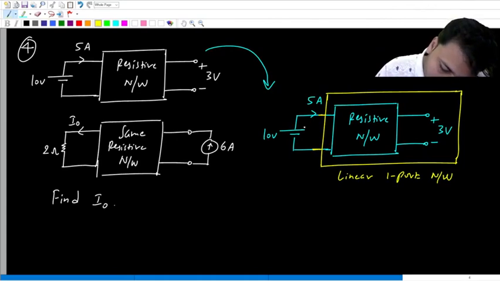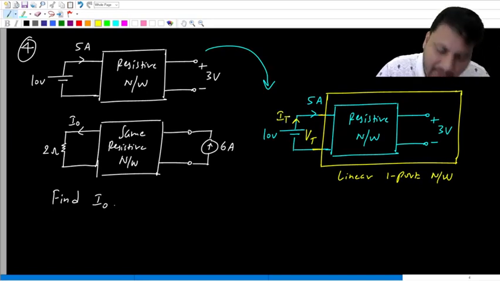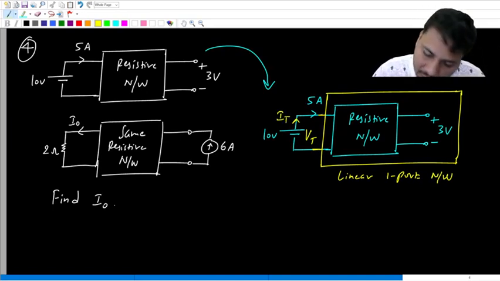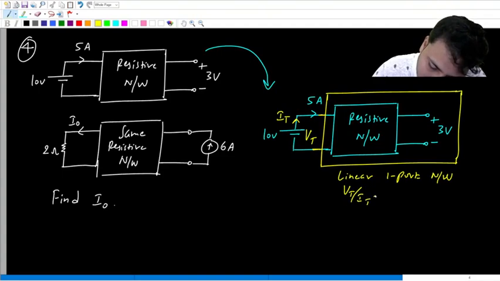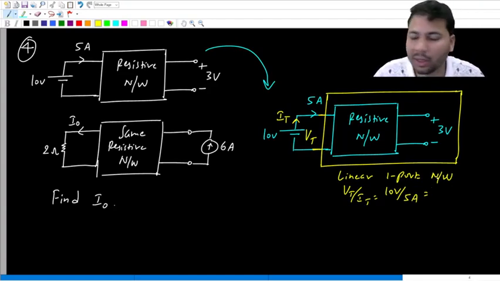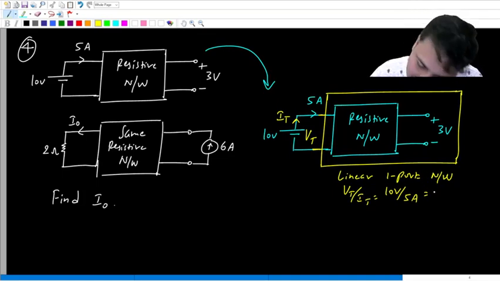Okay. So you can think of this 10 volt source as Vt, and you can think of this 5 amp current as It. So what is Vt by It? It is 10 volts by 5 amps. If you have a linear one port network and you apply a voltage source Vt, and there are no independent sources inside the network, then the ratio of Vt to It is the Thevenin resistance.